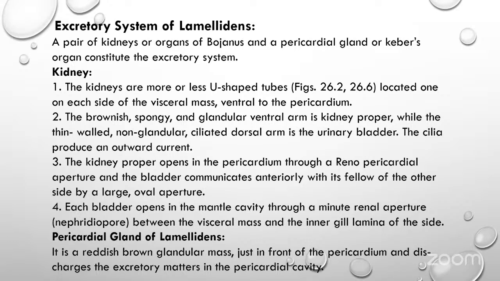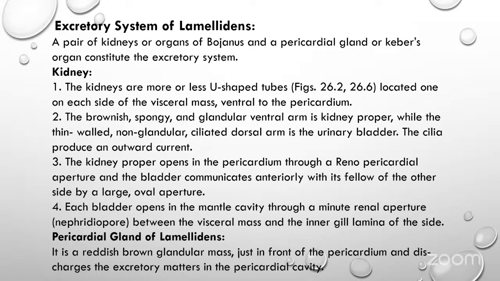The brownish, spongy and glandular ventral arm is the kidney proper, while the thin-walled, non-glandular ciliated dorsal arm is the urinary bladder. The cilia produce an outward current.